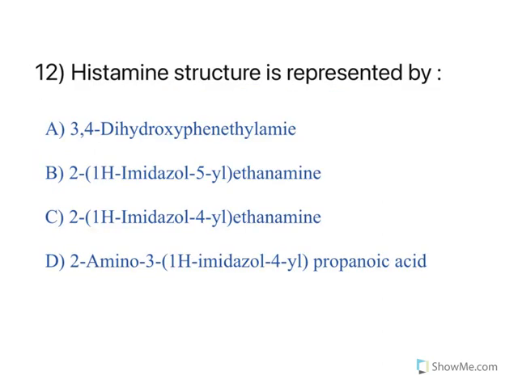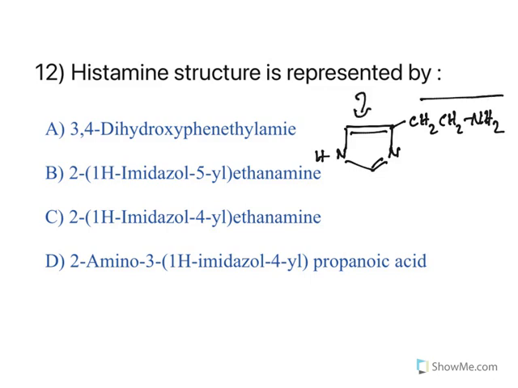Now the histamine structure is represented by, again, a structure-based question, and you need to know the structure of histamine. Histamine is a derivative of histidine. By decarboxylation you will get histamine. Only the amine is there, so it is histamine. Now understand what you have. You have an imidazole ring and an ethylamine group, right?